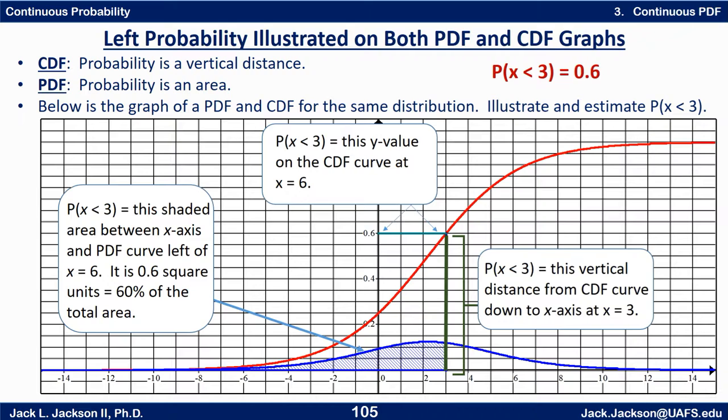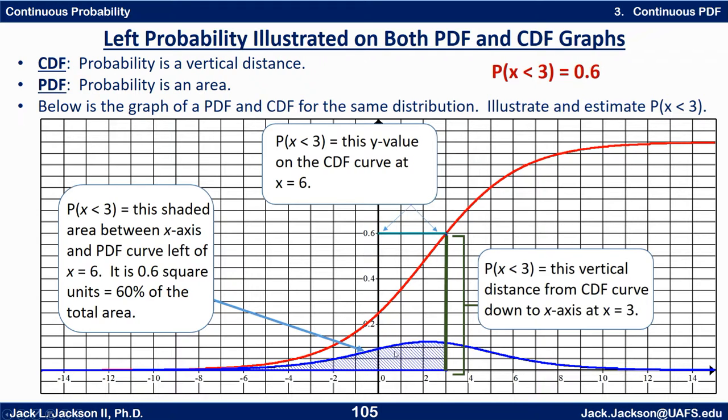Well, I think you can see here that we find 3, and once again, we shade the area underneath the curve, the PDF curve that is, to the left of 3, and of course above the x-axis.